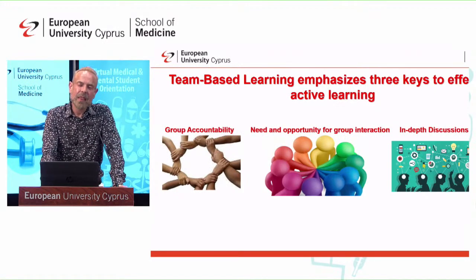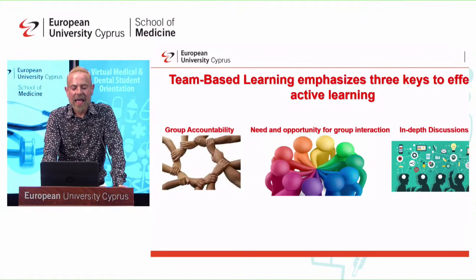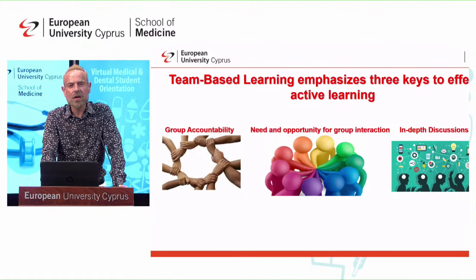So, team-based learning emphasizes the three keys to effective active learning. One of the things that I said in my first or second talk, I think, was the fact that we want active learners. And who is an active learner? An active learner is someone who is taking responsibility for creating his own constructs of knowledge.